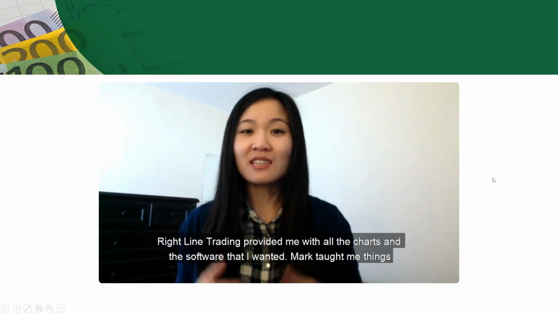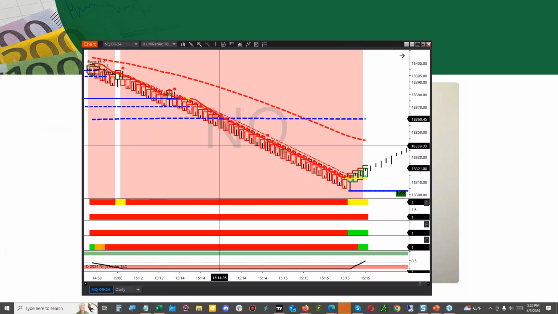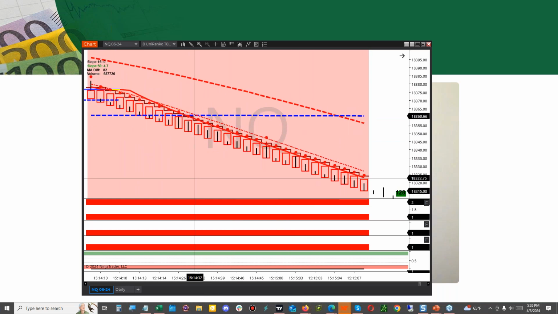She didn't even know what a ninja trader was, right? And he sat her down and he said to her, "Okay, let me pull up a chart here." And this is a great example, right? Here's a trade. This is today at 3/5/14. This is a trade on NQ. So he sat her down and he said, "Look, I want you to do this.